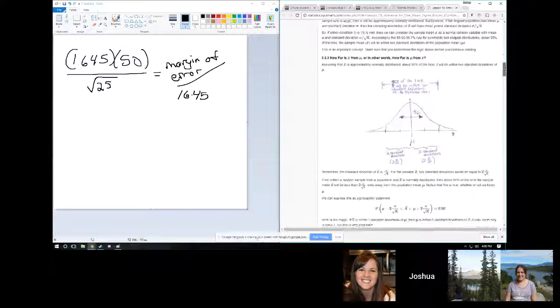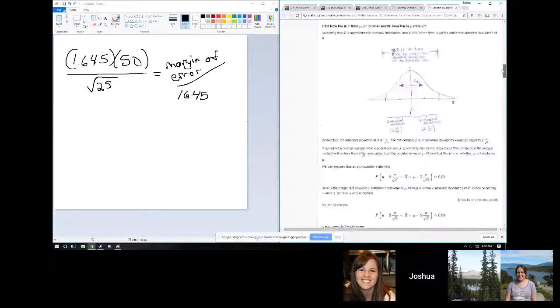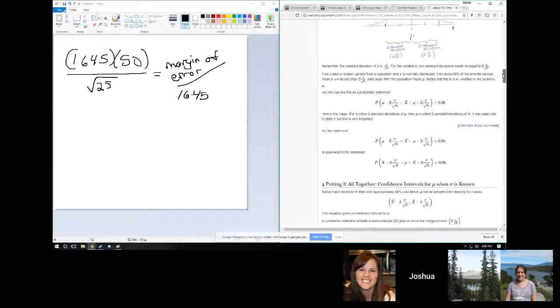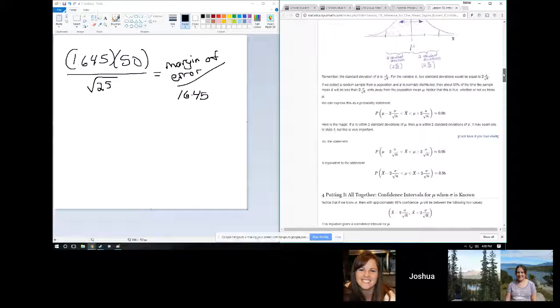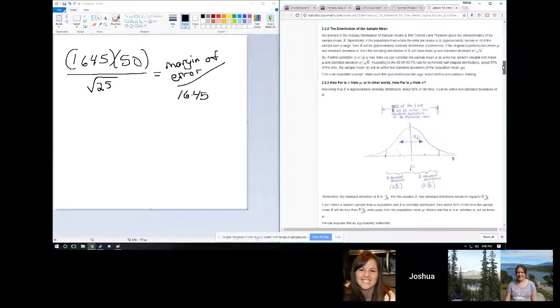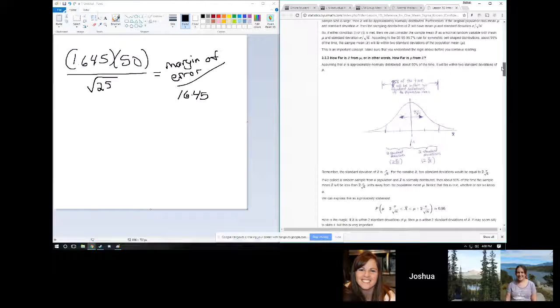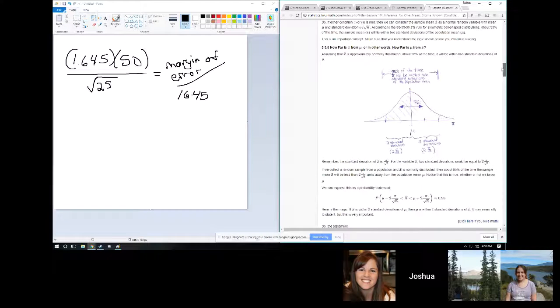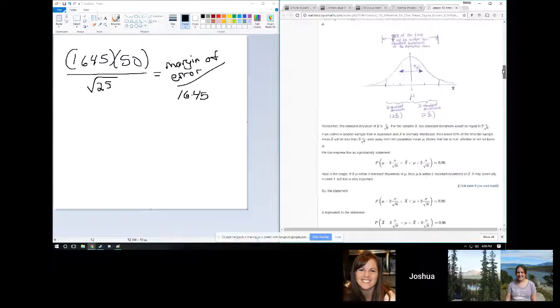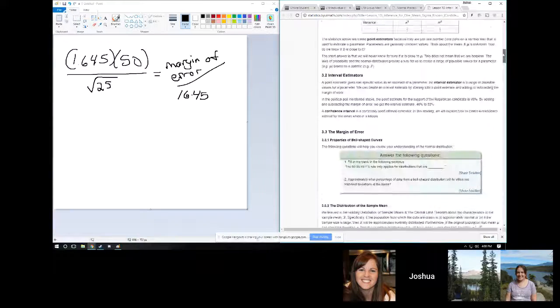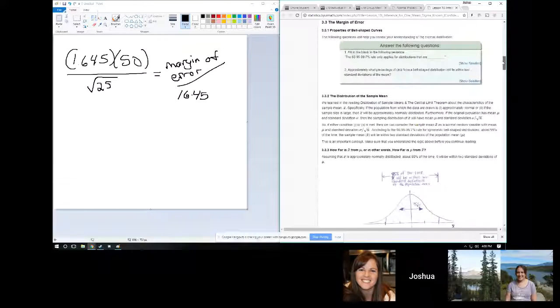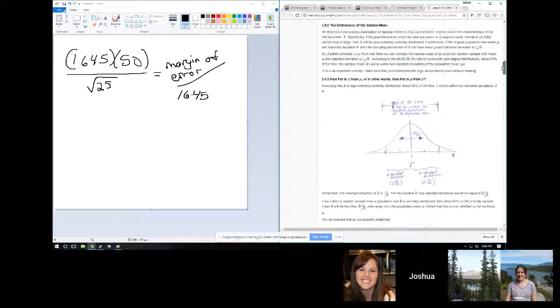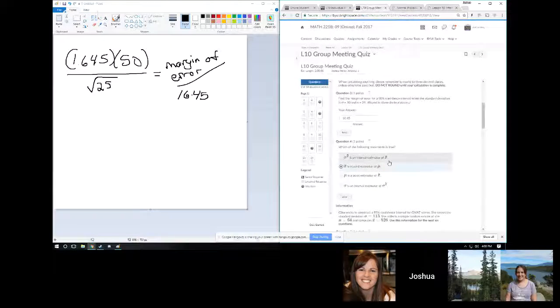We basically understand that the sample mean is the point estimate for the population mean, but the vice versa is also the same. And there's 2.